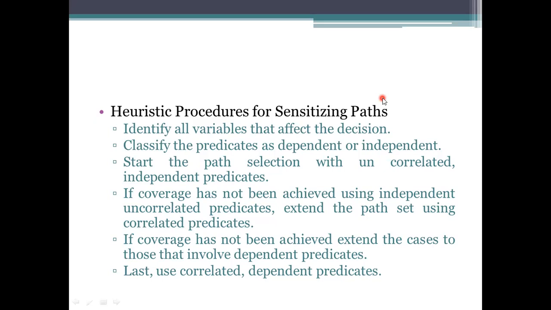It is not necessary to take all the values of all the predicates. Each one has to be processed at least once. So classify the predicates, add one more predicate, and try to achieve the paths.